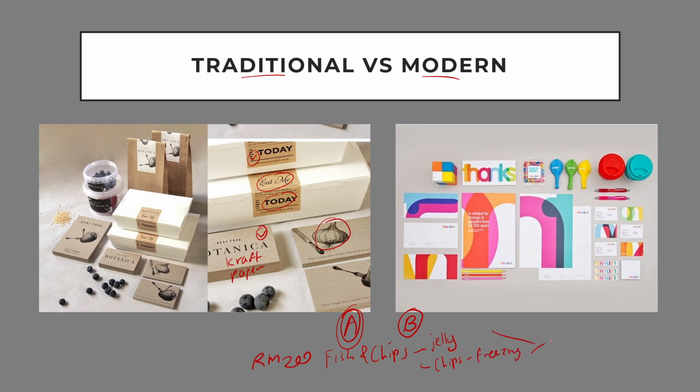Or otherwise, they use molecular gastronomy methods. If you don't know what molecular gastronomy means, it means they will use science to make traditional dishes more interesting. So who's more weird? Who uses molecular gastronomy, A or B?